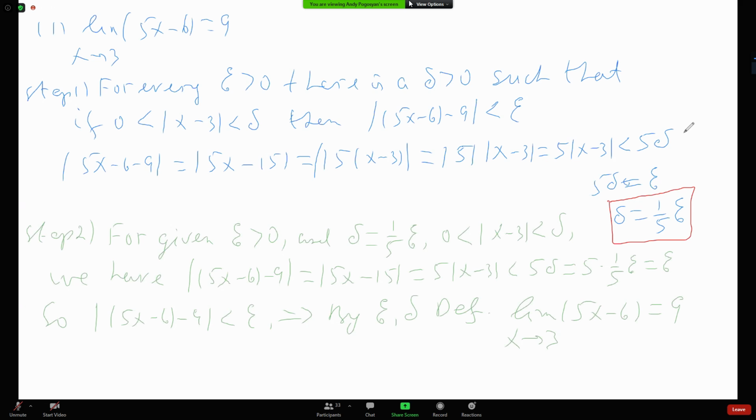The only algebra part will be changed. Let's say instead of 5x minus 6, you have another linear function, and x goes to a different number than 3. Except for the numerical part, the rest is similar. So you just need to remember those steps. I have no question, I'll go to 12, next one.